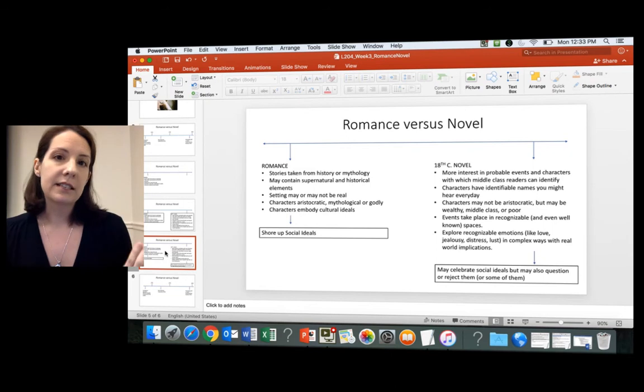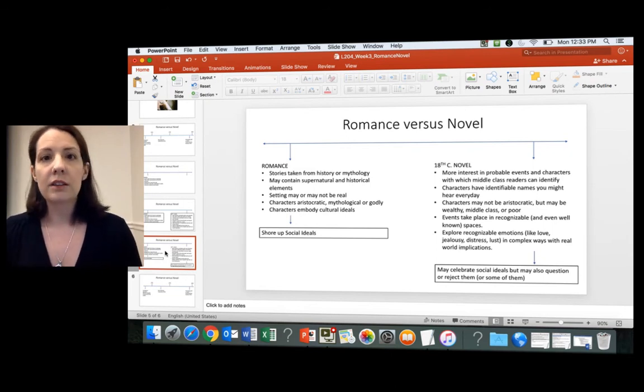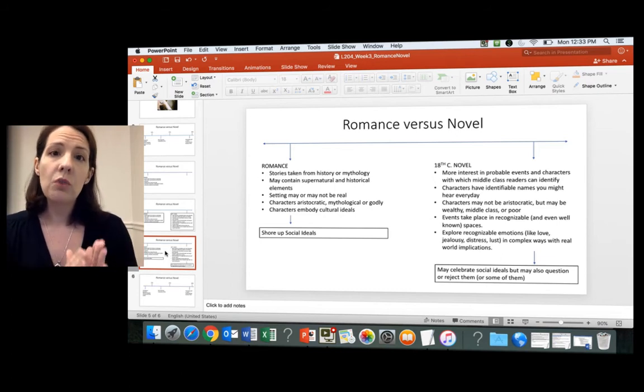Because what we oftentimes find is that when there's formal or generic differences, there might also be a difference in terms of how the work relates to the culture out of which it's arising. So romances tend to shore up social ideals. If we're looking at romances in particular, they tend to shore up ideals about honor, ideals about chastity, ideals about behaviors for men and for women, and they tend to align those ideals also with aristocracy.